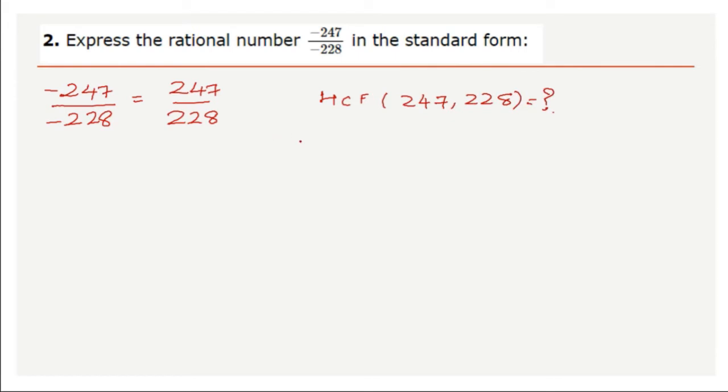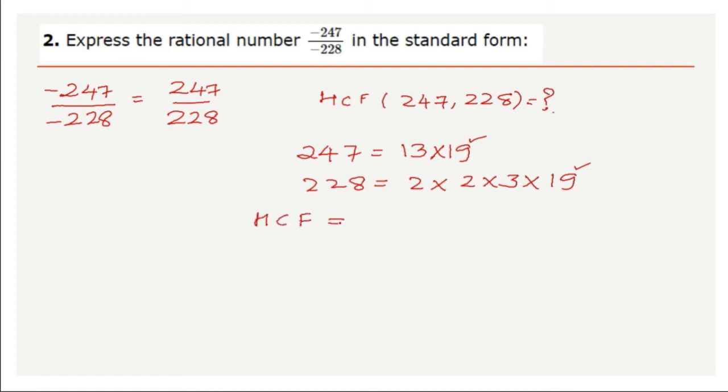To find the highest common factor, let me use prime factorization method. 247 is the product of primes 13 and 19. 228 is 2 multiplied 2 times, 3 multiplied 1 time, 19 multiplied 1 time. In this, if you observe, there is 19 common, and the highest common factor is 19.